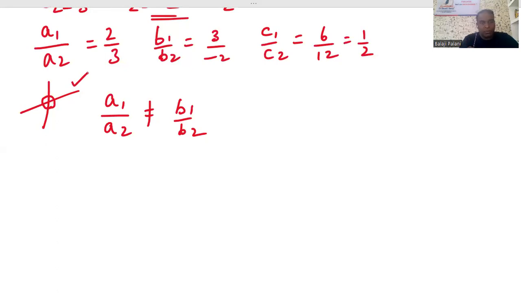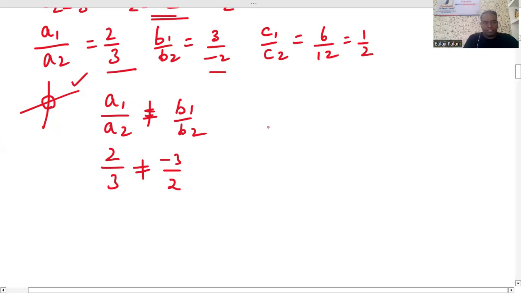So with the not equal ratios we can identify these two lines will meet somewhere, at some point or the other. In my example, 2 by 3 and the other coefficient ratio is -3 by 2, and they are not the same. They're not equal. Hence, we say that these two lines intersect each other. That's it. Simple. Okay. So this is the first level, entry level of understanding.